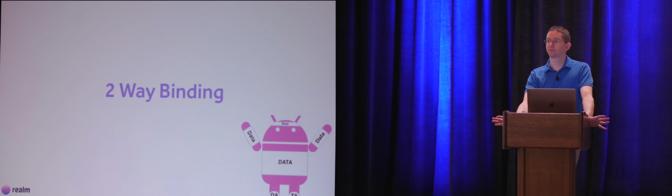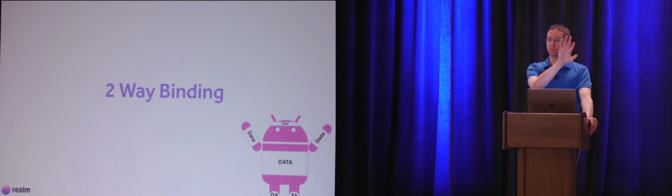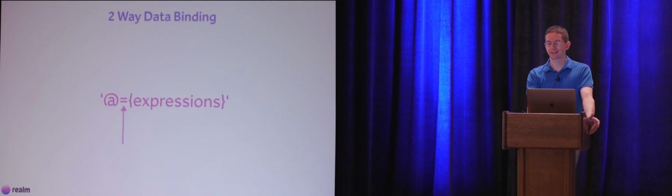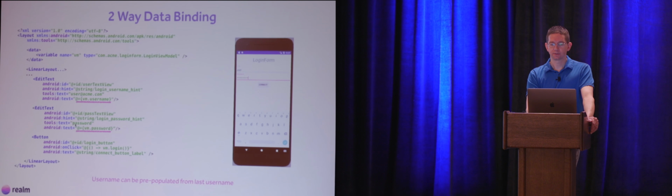So everything I've showed you so far is one-way data binding, and that's all really cool, but they also offer two-way data binding so that data can get up to your view and then back without any work on the part of your view model or variable. So this was how we did one-way. Two-way, you just add an equal sign between the @ sign and the curly bracket. So in this case, you'll see another app that I have in our examples that builds a simple login form.